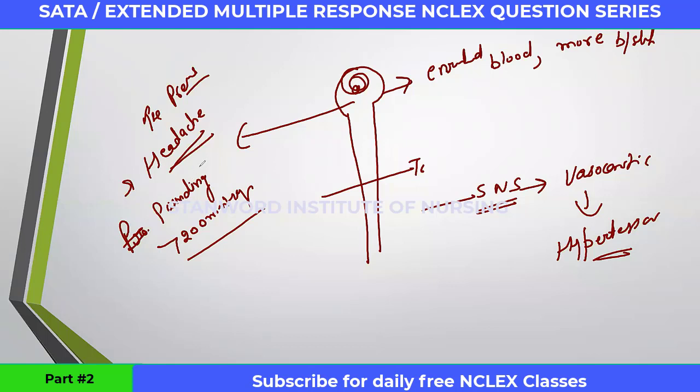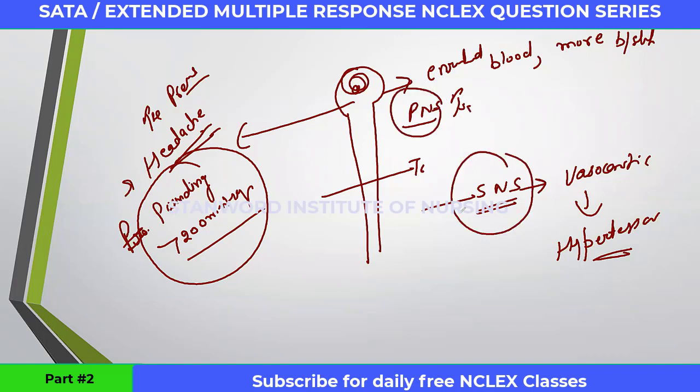So here the pounding headache or pounding hypertension will be there, meaning blood pressure more than 200 mm of Hg. So in the upper extremities, the PNS will be activated, and in the lower extremities, the sympathetic nervous system will be activated. If the sympathetic is activated, there is vasoconstriction that directly leads to hypertension. And if the PNS is activated, you can see the PNS does vasodilation.